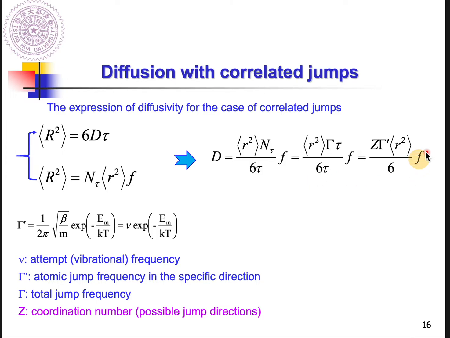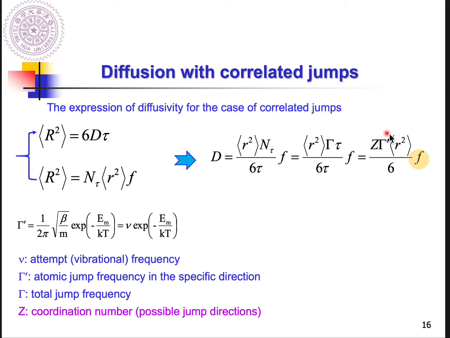So we modify by adding the correlation factor F, and the rest of the part is actually the same as the previous line. So in this case, diffusivity can be expressed as gamma, the total atomic jump rate, times the mean square jump distance, divided by 6 times the correlation factor F.